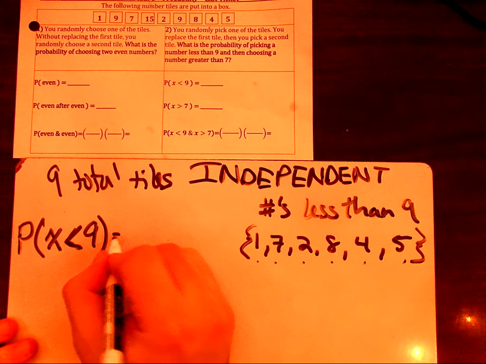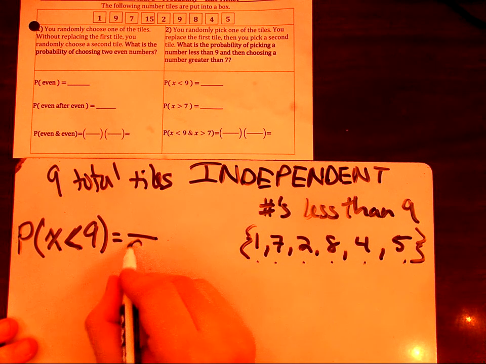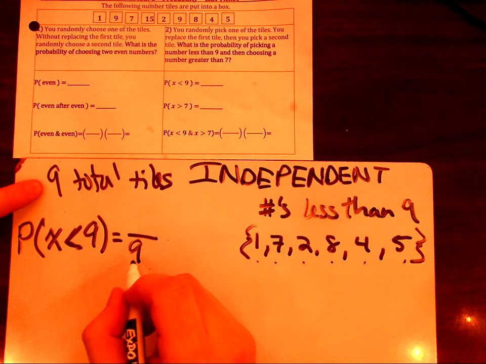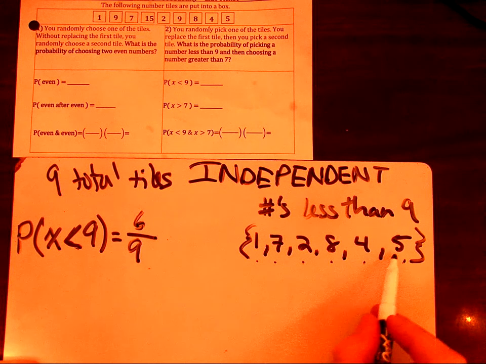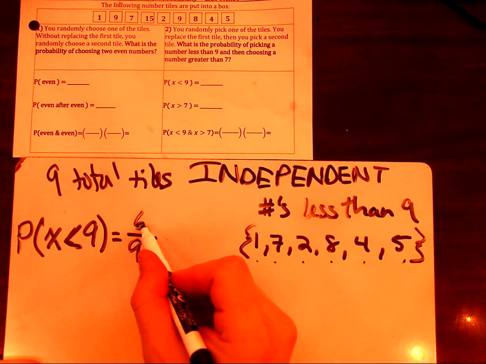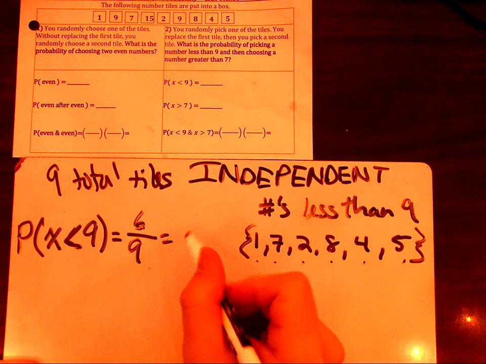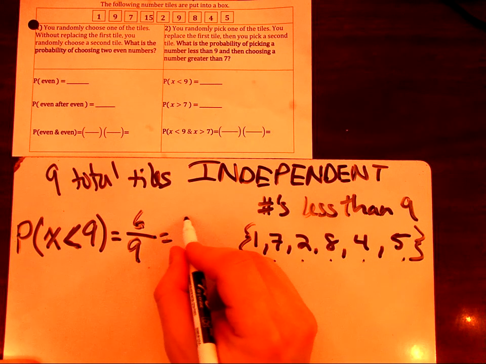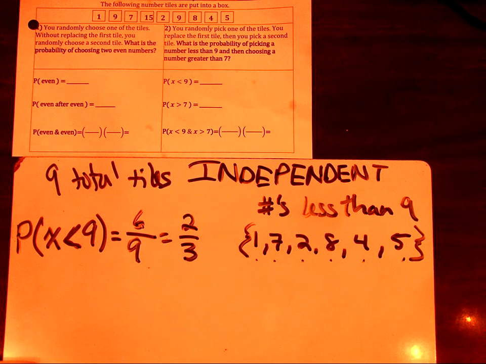That's going to be that fraction: we have 9 total tiles, and 6 of those tiles are less than 9. It's the number of tiles less than 9 over the total number of tiles. We can simplify this fraction by dividing by 3 over 3 as the greatest common factor. So we have 2 over 3 as our simplest form.